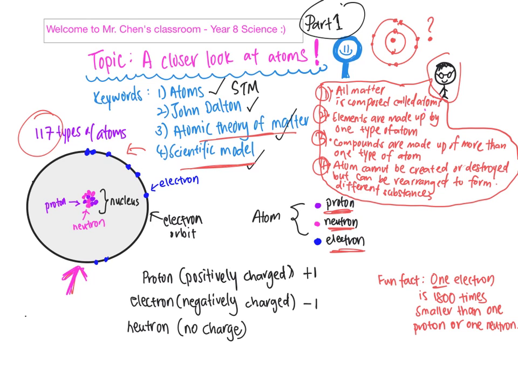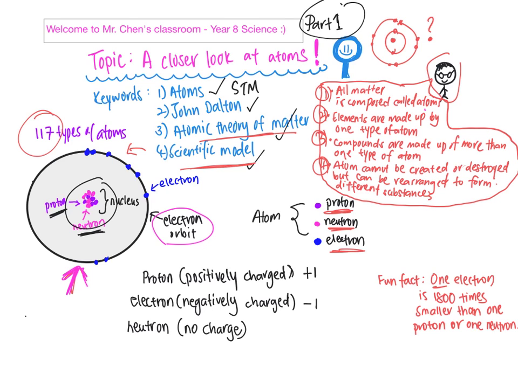So as we know, atoms are kind of round. What is the round thing actually? It is the electron orbit. Atoms actually have a center called the nucleus. The nucleus is made out of protons and neutrons.